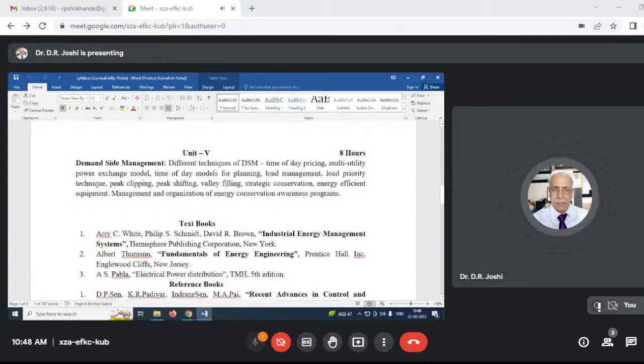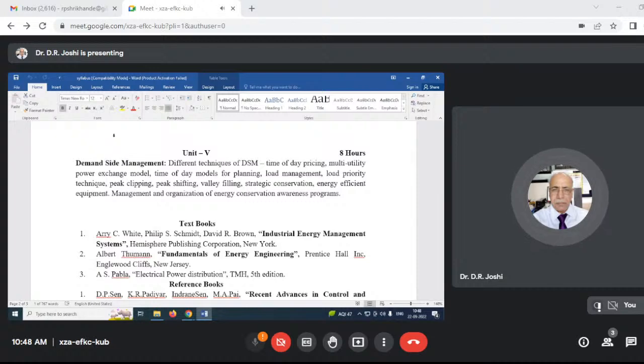Unit 5 deals with the demand side. Demand side means consumer side load management: how you can convince the customer to use the power not during the peak period. Different models are there, from the planning mode to the implementation mode. There are so many steps here, and this is a subject which is now very much coming up in energy audit.